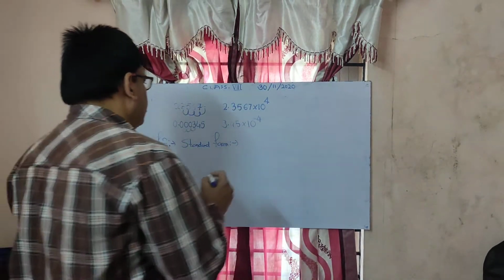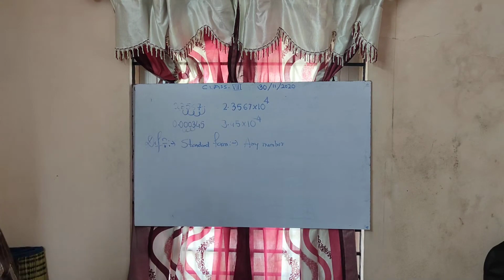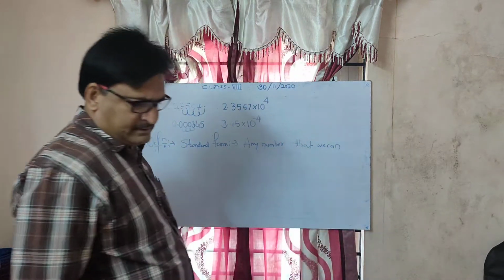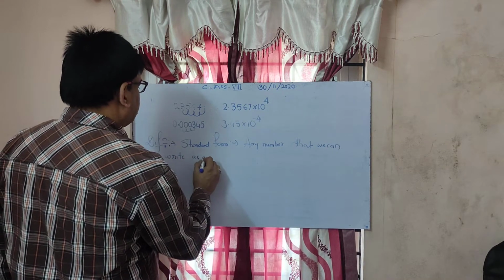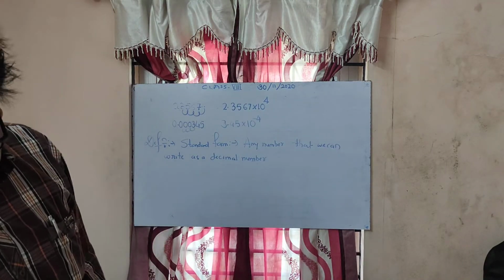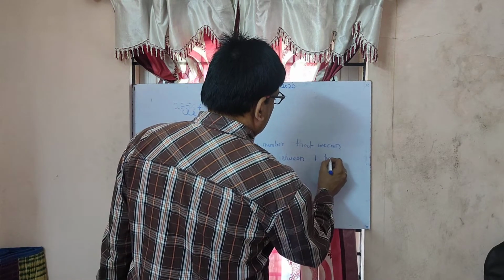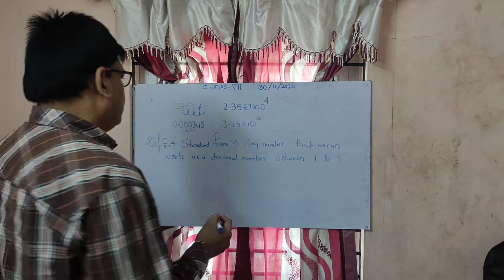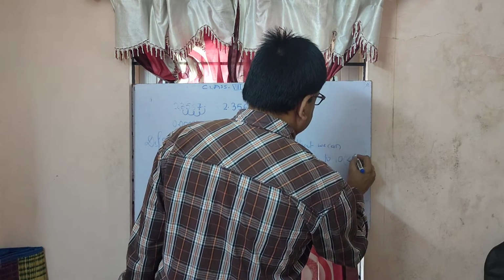Any number that we can write as a decimal number between 1 and 10, or you can say between 1 and 10, means it should be less than 10.